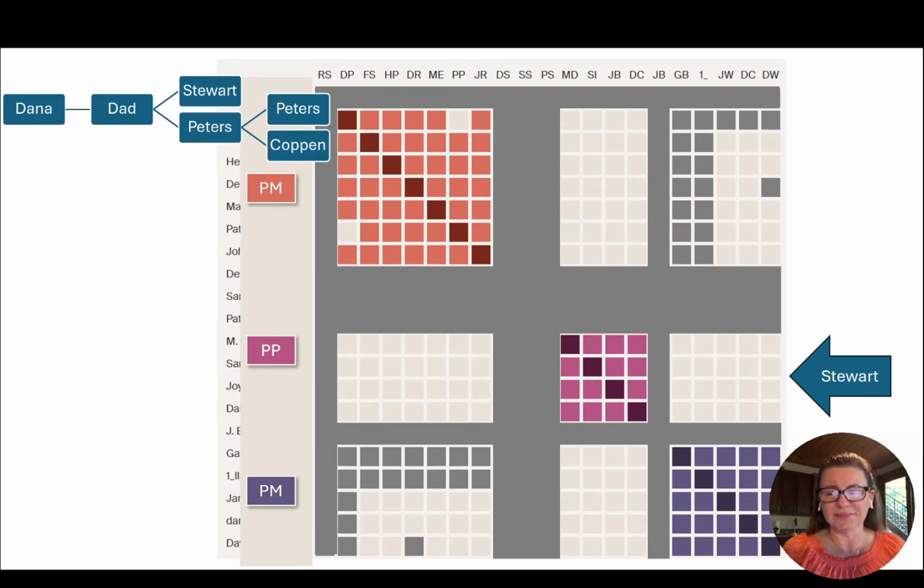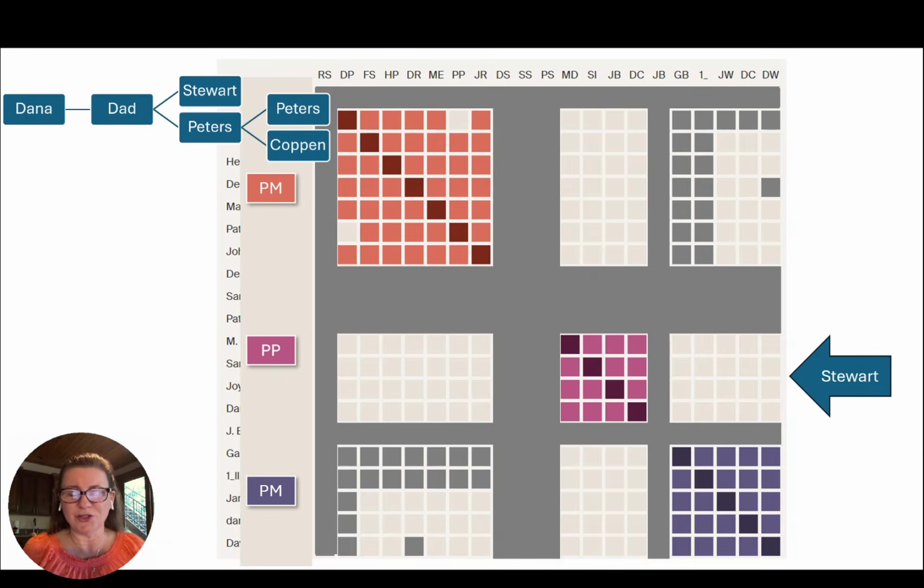Here's what I saw. I saw, again, this paternal. I just have these 4 people. That's my Stewart side of my family. And then at the top, remember the first and the third are my dad's mom's, paternal, maternal. And that would be the Peters, but they could be Peters or Kopenberger or both. Well, we've got some that are basically going all the way across of both of those.